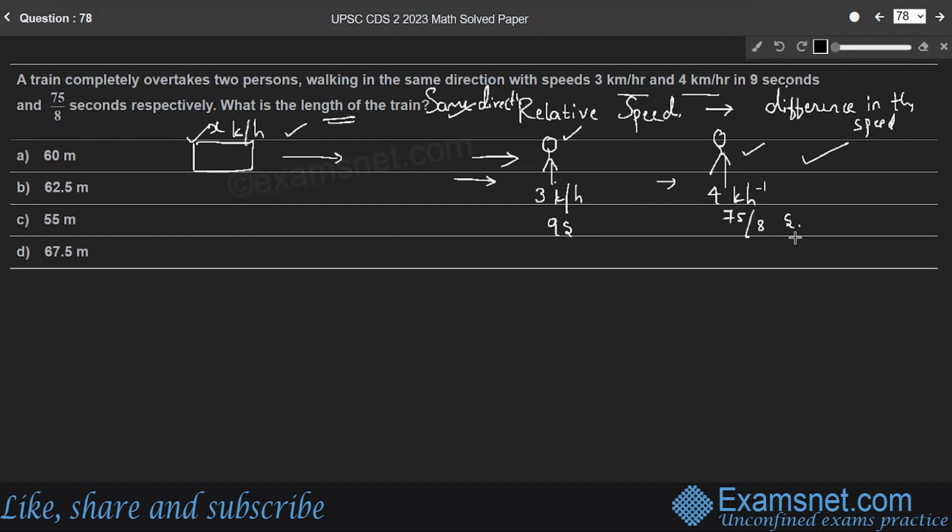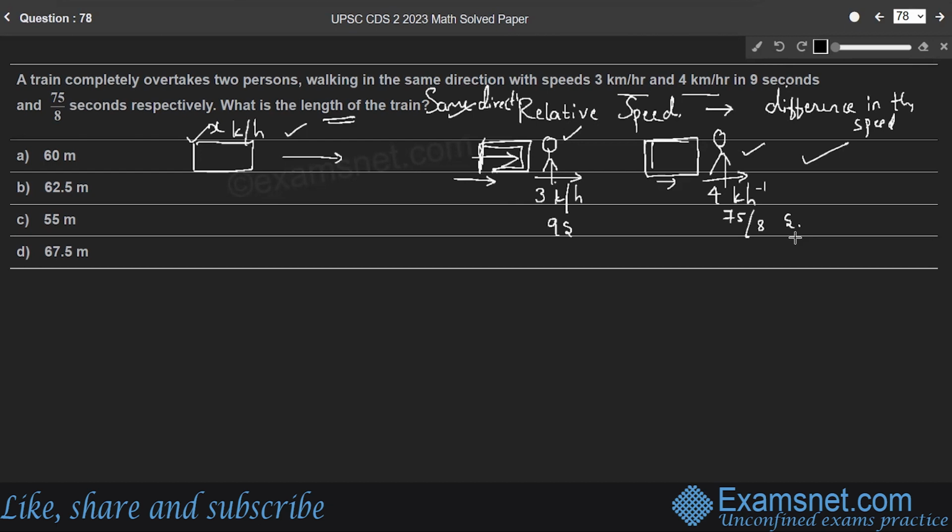Just imagine the train is somewhere here, very near to the first person. It has to pass that person, so while passing, the train has to cover its own length. When it comes to the second person, the train again has to pass its own length.